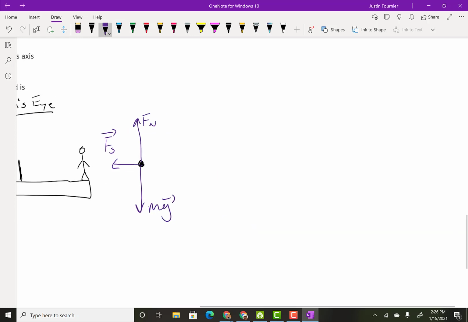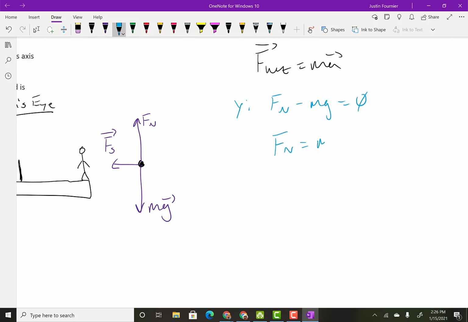Now let's go ahead and do Newton's second law. F net equals ma. In the vertical direction, there's the normal force minus mg equals 0, no acceleration in the vertical direction. So the normal force is equal to the weight.